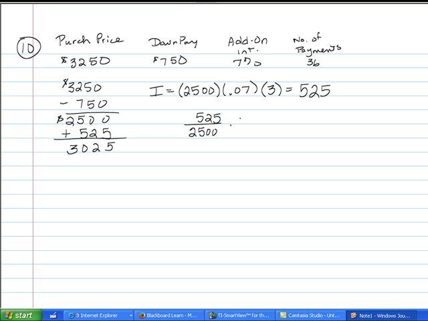And we have 36 payments. These are the two values we need for our table 5. So we go to 36 payments and we go across till we get as close as we can to 21. Okay, it looks like 21.30, so that's about 13%. Okay, so 13% would be the APR. I didn't actually have to do the payment calculation; I was thinking we were calculating the payment.